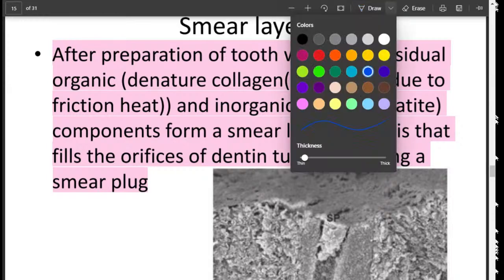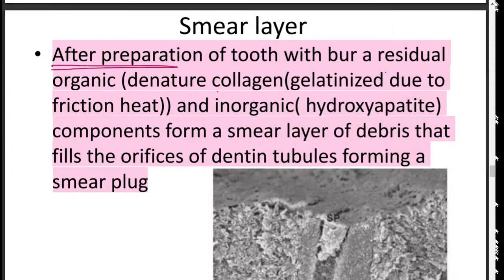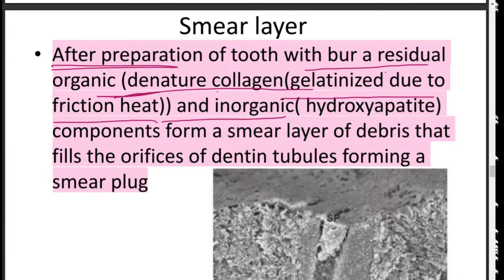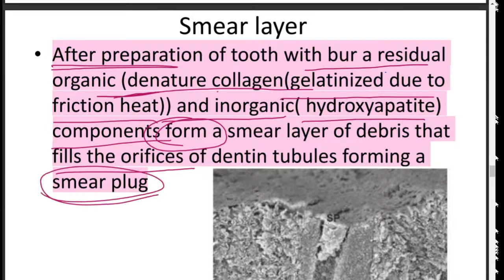So after preparation of tooth with bur, residual organic denatured collagen, gelatinized due to friction heat, and inorganic hydroxyapatite components form a smear layer of debris that fills the orifices of dentin tubules, forming a smear plug.